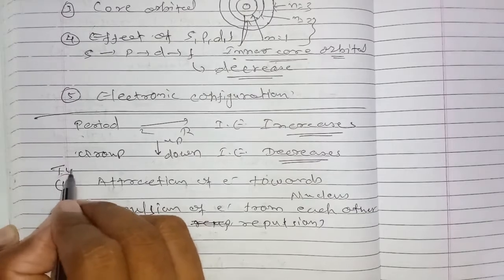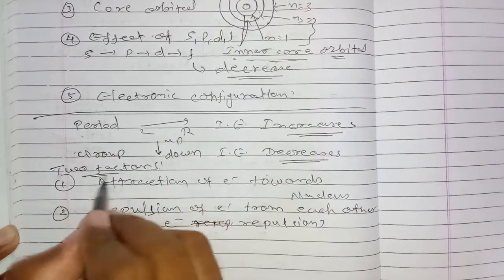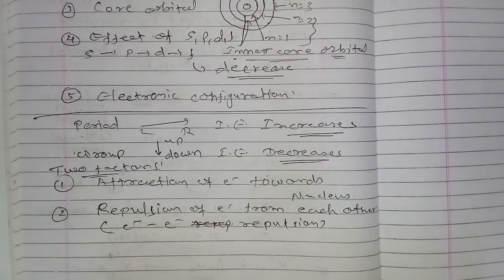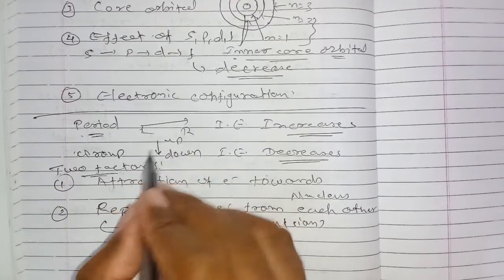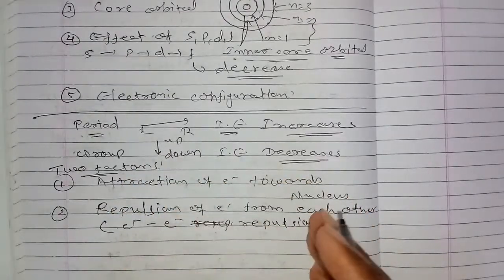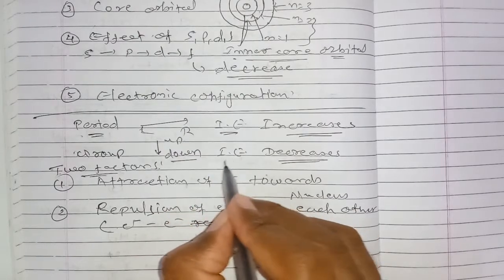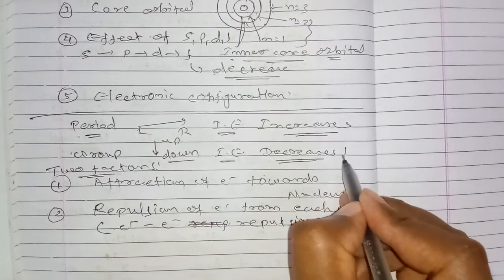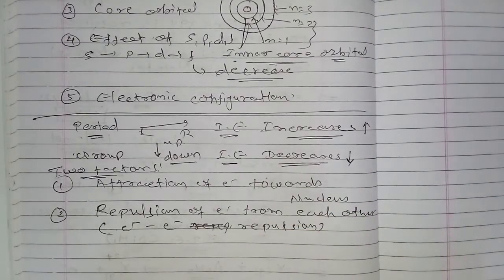There are 2 factors to understand. In a period, from left to right, ionization enthalpy increases, or in a group, from up to down, it decreases.